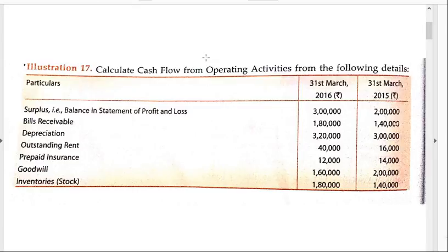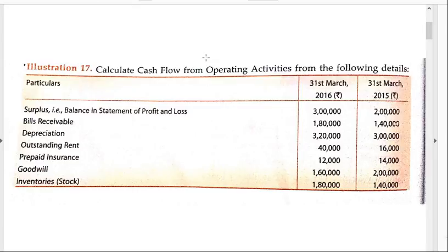We are given the balances as at 31st March 2015 and 31st March 2016. Surplus, earlier it was 2 lakhs, now it is 3 lakhs. Bills receivable, depreciation, outstanding rent, prepaid insurance, goodwill and inventories, that is stock.